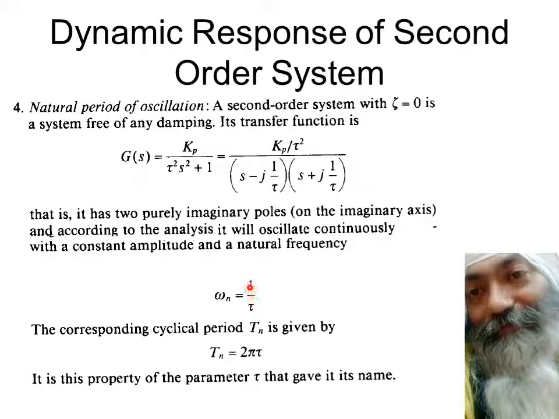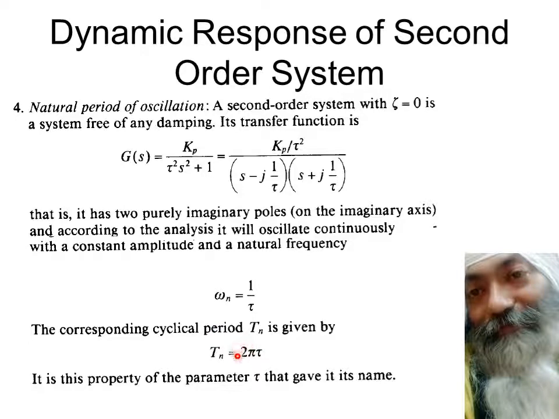And because omega n is 1 upon tau, that's why this tau is given the name natural period of oscillation, or period of natural oscillation, as you may call it, right? And this is the value of tau, and the corresponding cycle period is, don't forget this 2 pi.